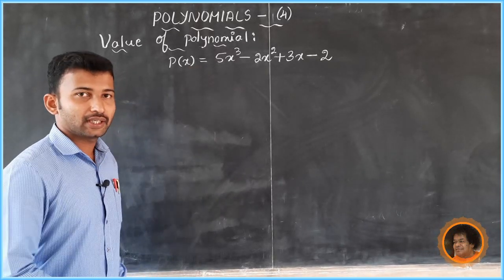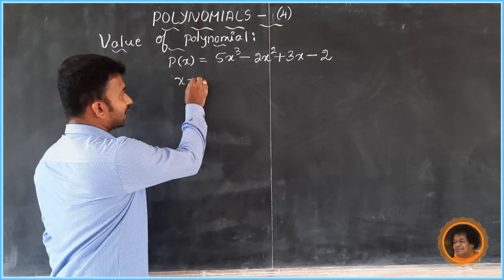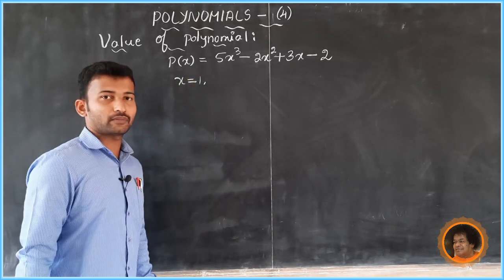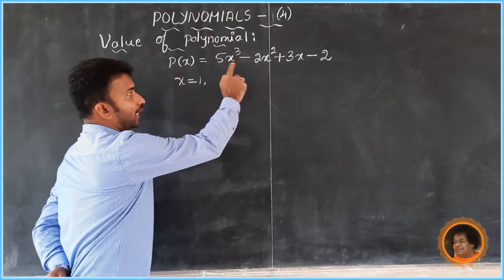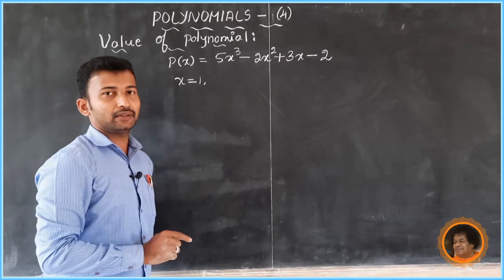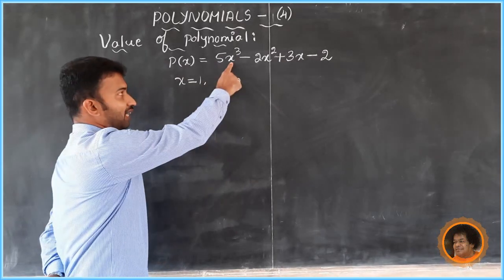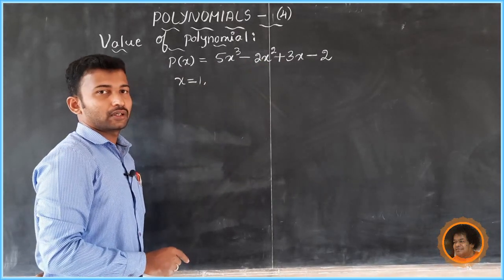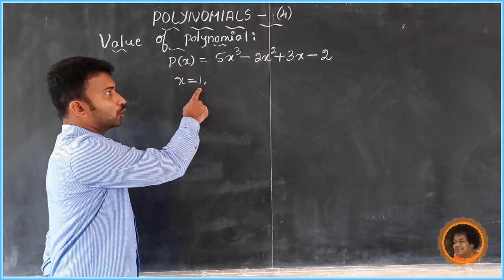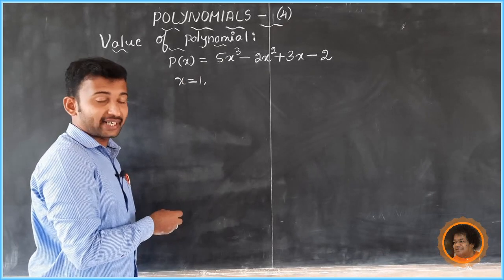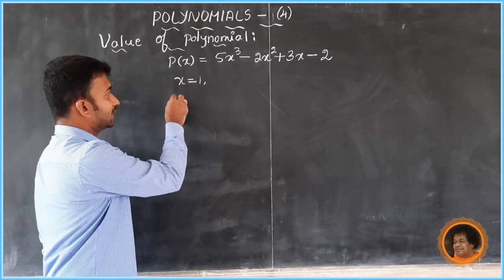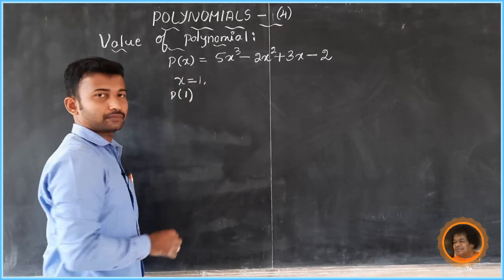Let us consider x is equal to 1. P of x is a cubic polynomial in one variable x. If you substitute x is equal to 1 in this polynomial, we can write p of x as p of 1.